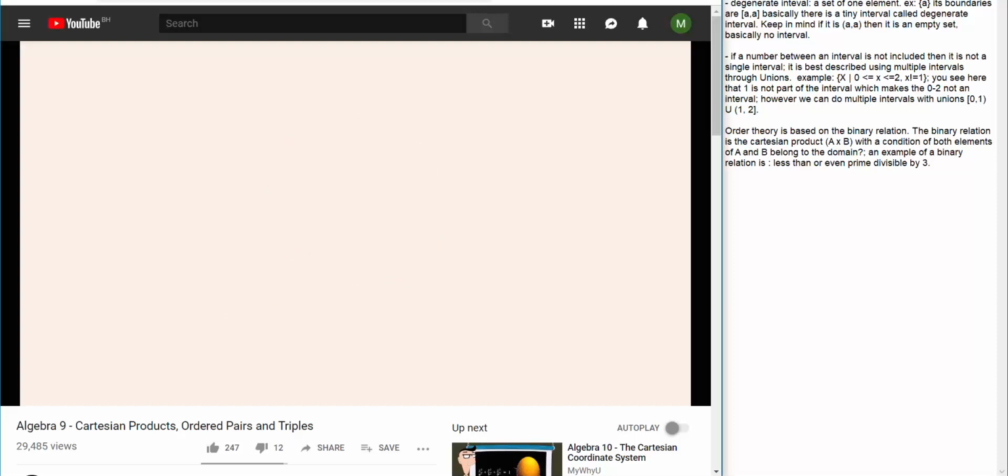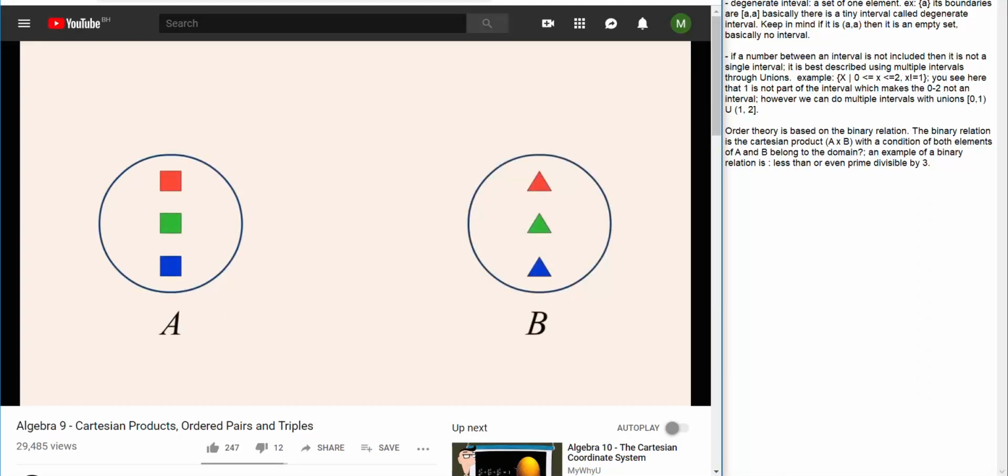Forming the Cartesian product of 2 sets A and B involves creating ordered pairs as follows. We select an element from A and pair it with an element from B. The elements are enclosed in parentheses separated by a comma. This pair of elements forms an ordered pair, a single element created from the pair of operand elements.